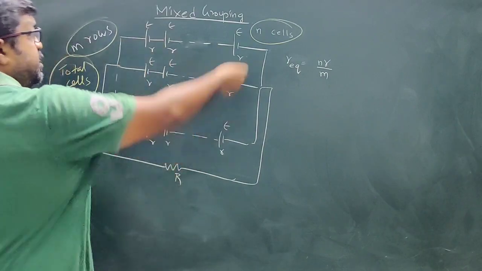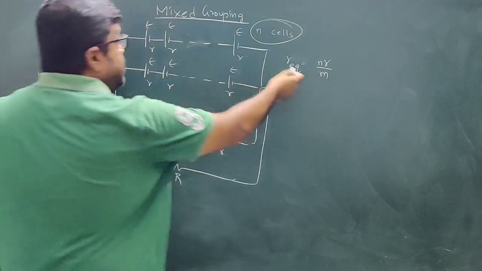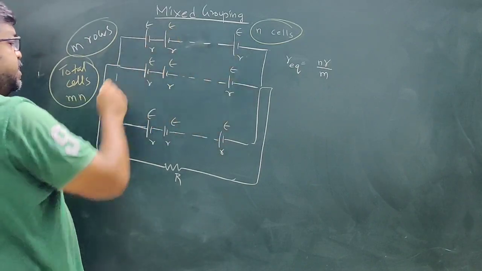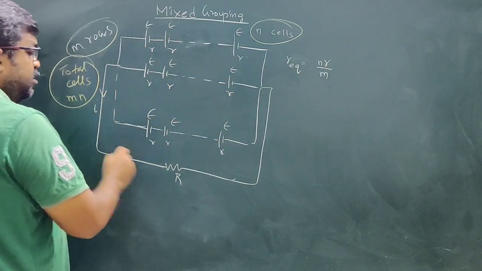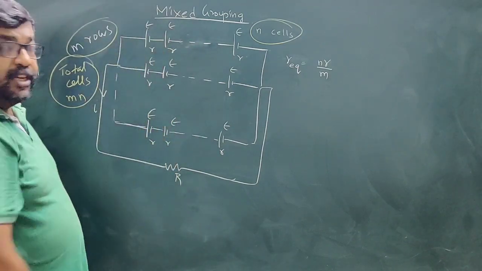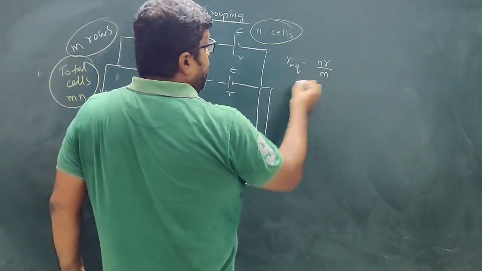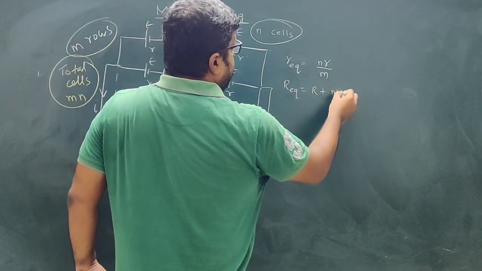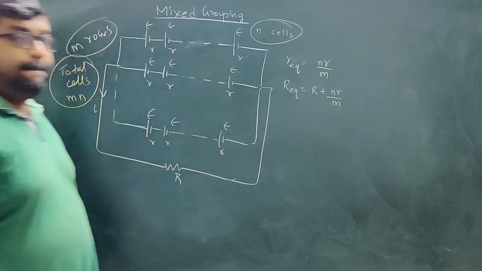This represents the equivalent resistance of this part. Now this part is sending current I through the resistance R, in series with this. So I can write R equivalent equal to R plus nr by m.